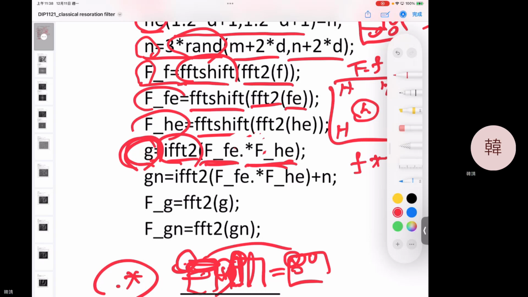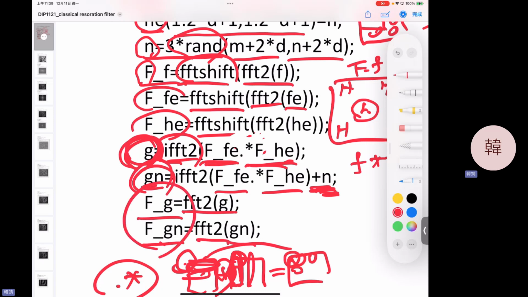And for this one, additive noise. So we have GN. GN is the observed image with additive noise. G is no additive noise, GN is with additive noise, random noise there. So the Fourier transform of G is FFT2 of G, and the Fourier transform of G with additive noise is FFT2 of GN. So we have all these functions there.